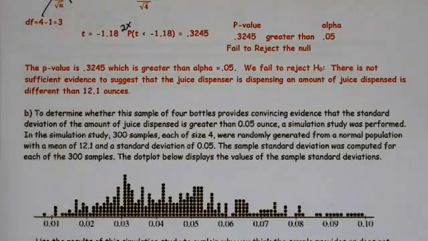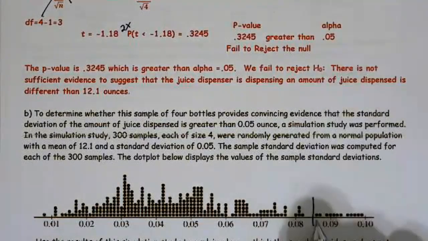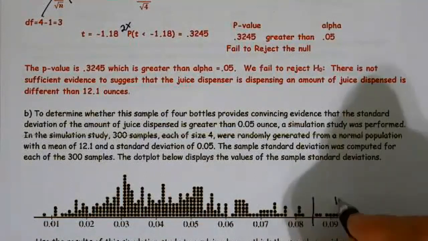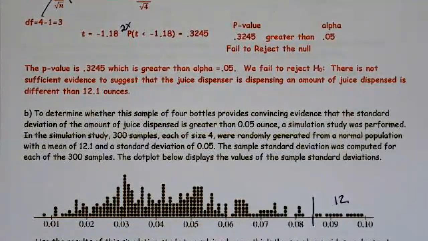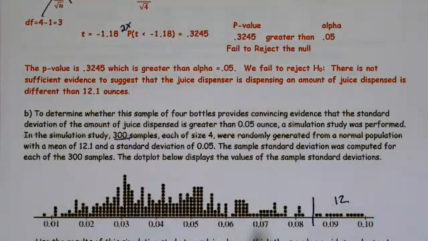Well, what we are caring about is whether or not we're over 0.085, which is about here. So 1, 2, 3, 4, 5, 6, 7, 8, 9, 10, 11, 12 times that happened out of our sample size of 300.